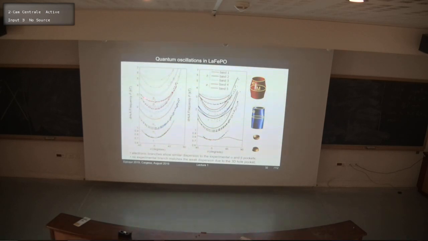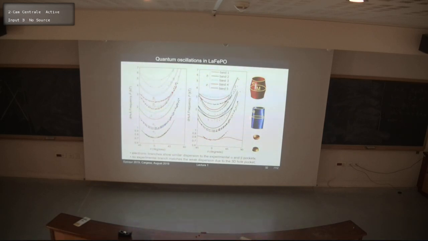And then when we look at the experiments, we know that these red dots are more dispersive, so they are likely to come from this larger band. So B1 and B2 are the neck and the belly of this particular band. And we see the best electron bands here because they have lighter masses.